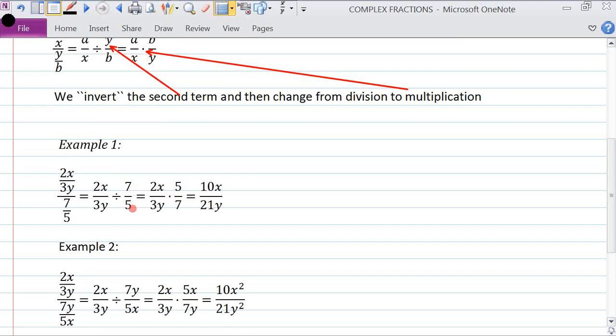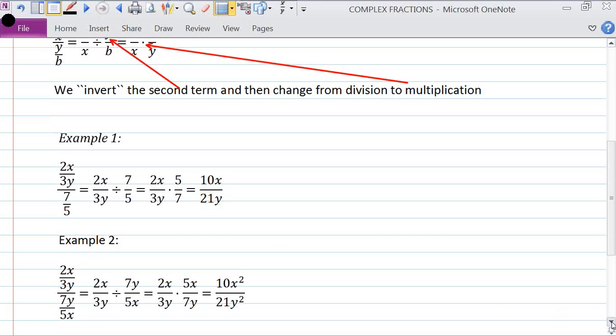That's what I did. Now what I do is I keep this the same and invert this and change it to a multiplication. 5 times 2x is 10x. 3y times 7 is 21y. I ask myself, can this be reduced further? Does a 2 or a 3 or a 4 go into this? And the answer is no.